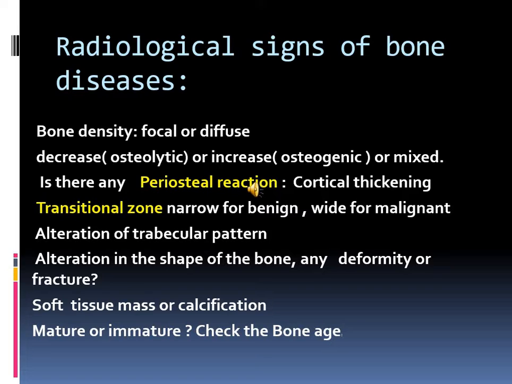You should also check the trabeculation of the bone, which means the bony component or the bone matrix, and the shape of the bone, any deformity, any associated fracture line, and also the condition of the soft tissue surrounding the bone, because sometimes we can detect soft tissue swelling or calcification or a soft tissue mass. And as we know, the age of the patient is very important, so we should check if the epiphysis is fused or not to know if the skeleton is mature or immature.